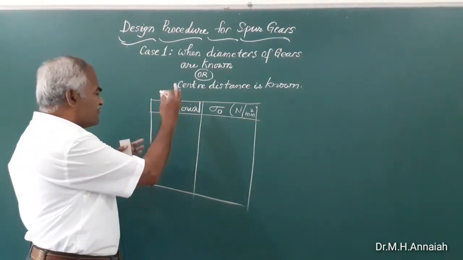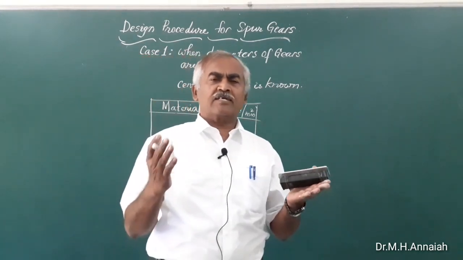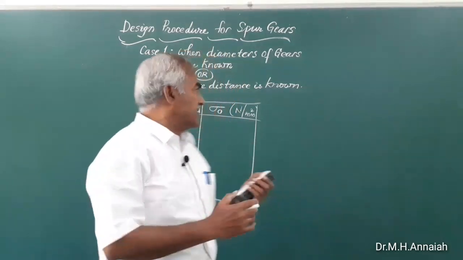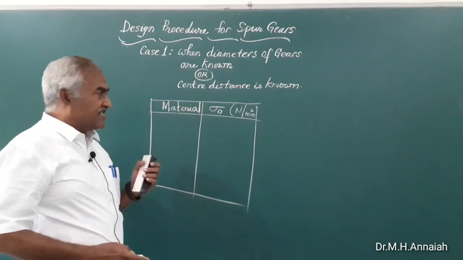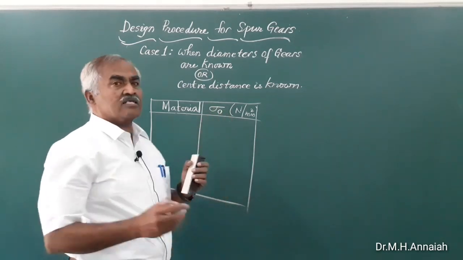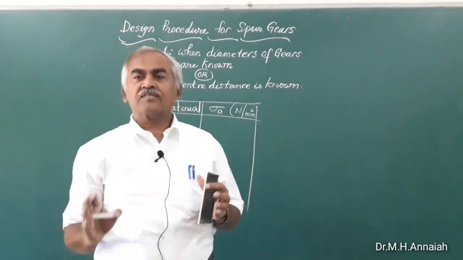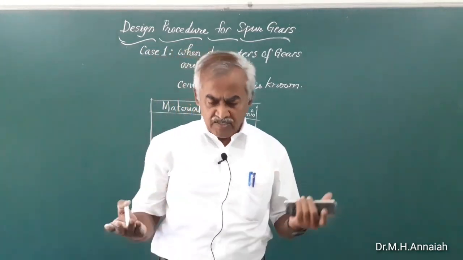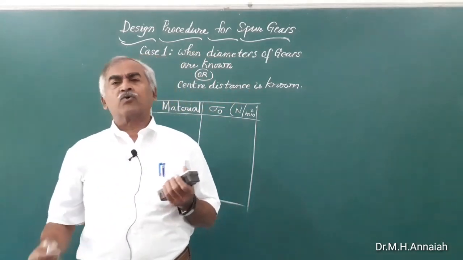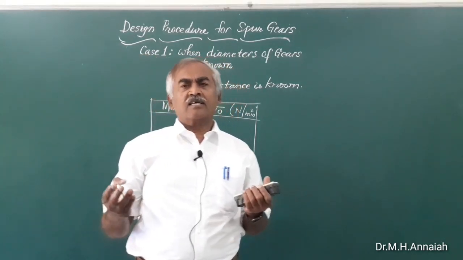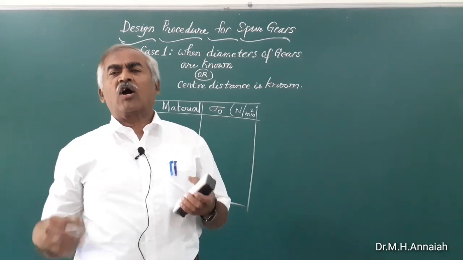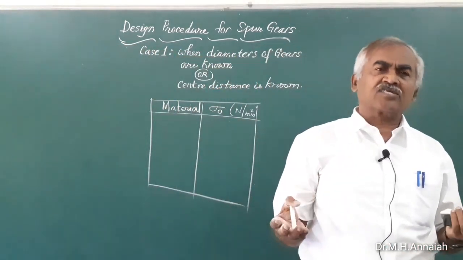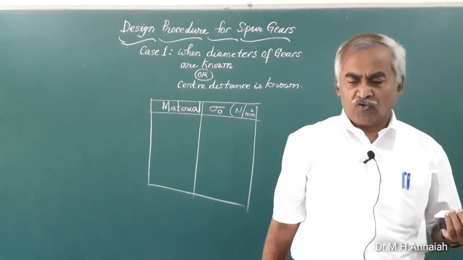By having these different materials, if you go through the data handbook, there will be at least not less than 20 materials under this particular material column, and they will give you the corresponding value of sigma naught, that is the permissible static stress for that material. Friends, when I say material, it could be a cast iron, a special grade cast iron, ordinary cast iron, a forged steel, an alloy steel, and so on and so forth.